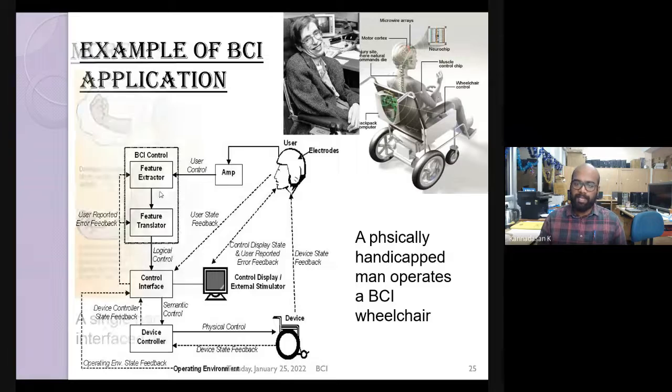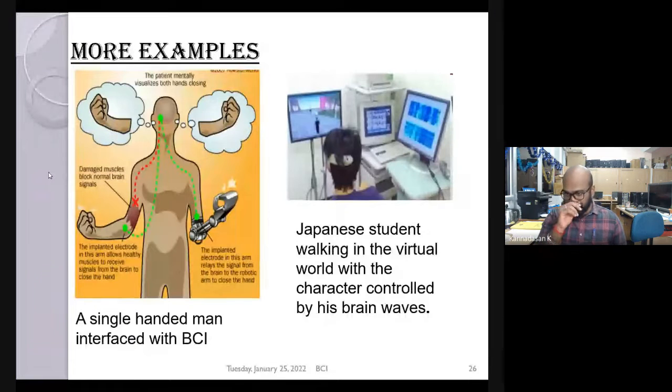Apart from this, we have another example where a single-handed man is interfaced with BCI. There are two cases in this particular example. The first case is a person who has lost control in this part. You can see the signals coming, the red dotted lines.